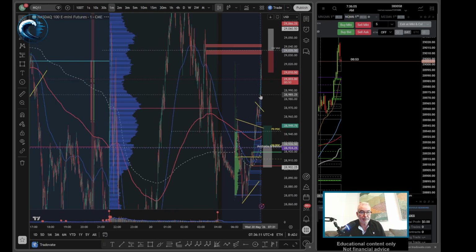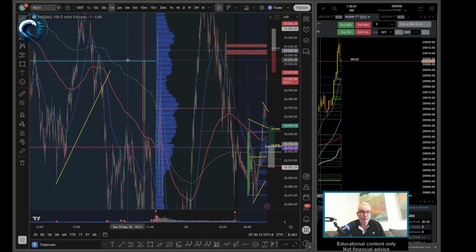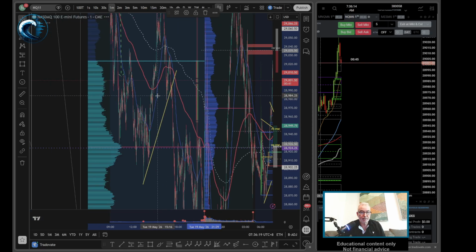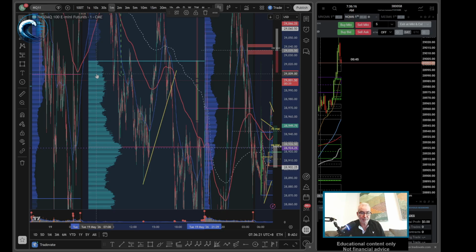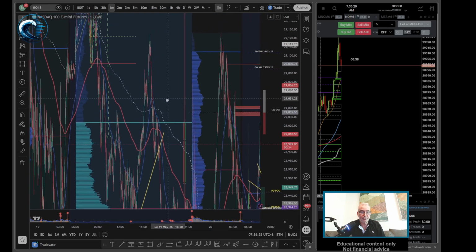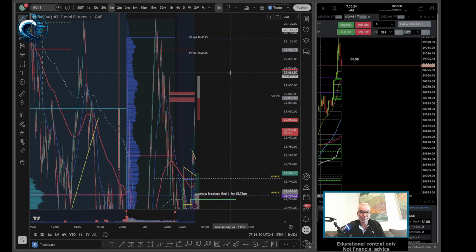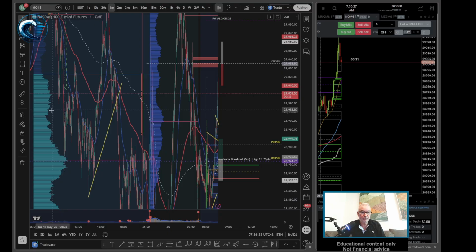Is that level exact? Oh, hang on. Is that my... What the hell? That's moved. Oh no, that's previous. Hang on, what's going on here? Oh, my overnight value high is wrong.